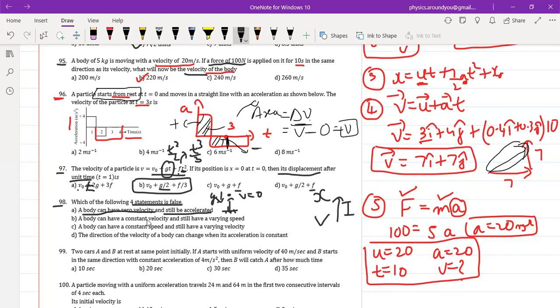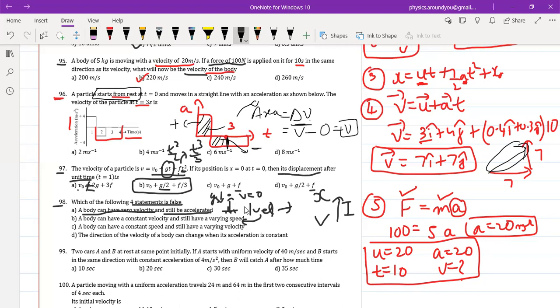A body can have a constant velocity and still have a varying speed. I see there is a problem here because we know velocity is a vector quantity, so direction and magnitude both matter. Magnitude of velocity is nothing but speed.